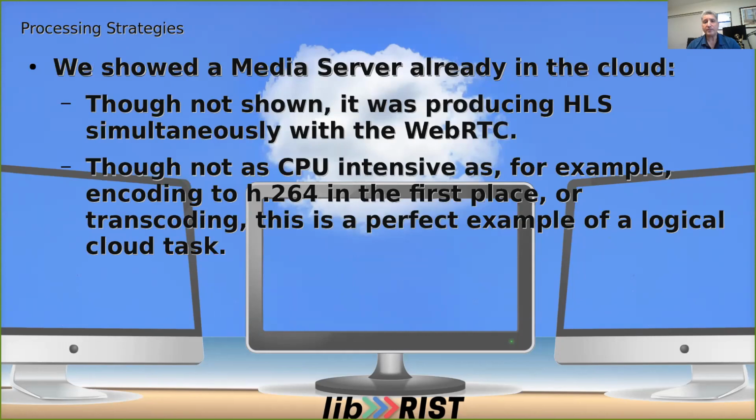Next, post-processing in the cloud. Another way to say it is encoding the stream in the cloud for other purposes. For example, we send one stream to the cloud, and then we have a process in the cloud. It could be our media server or our transcoding engine or somebody else's transcoding engine.